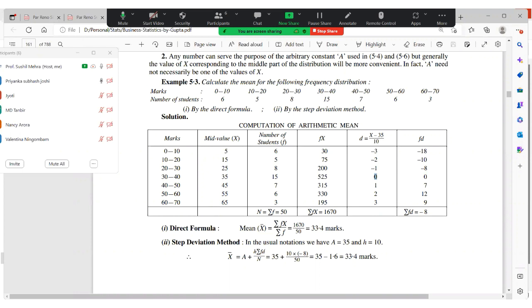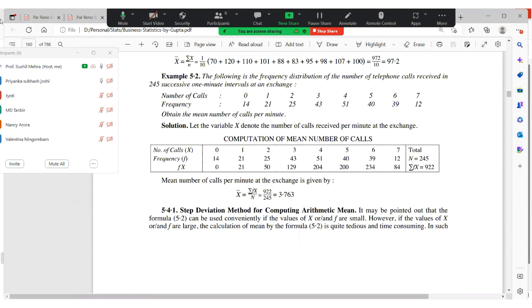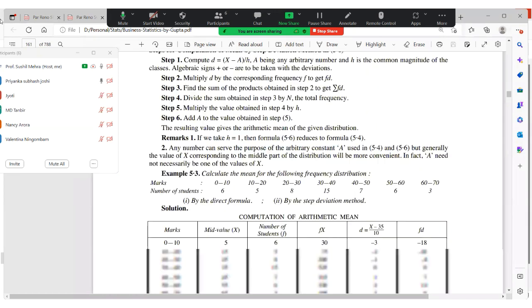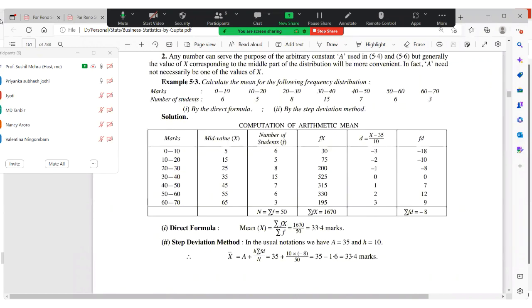Now, one thing more. In this class interval, you choose any number from here only, right? But if this is a discrete series, you can choose any number, even one which does not lie on this.